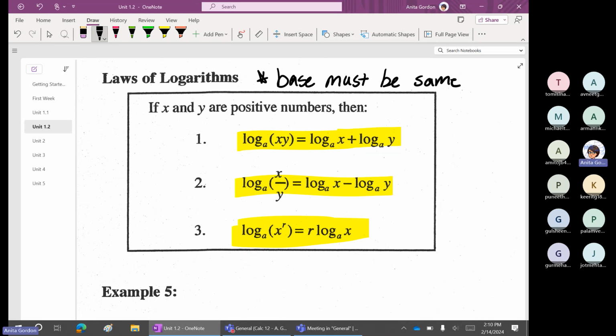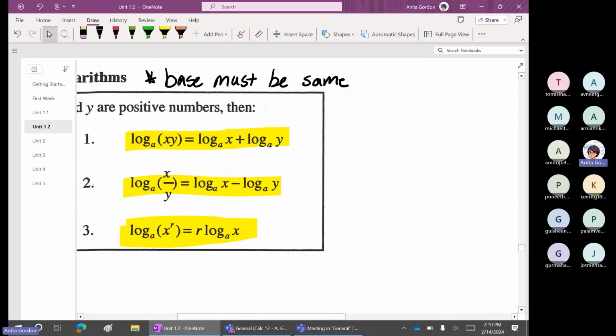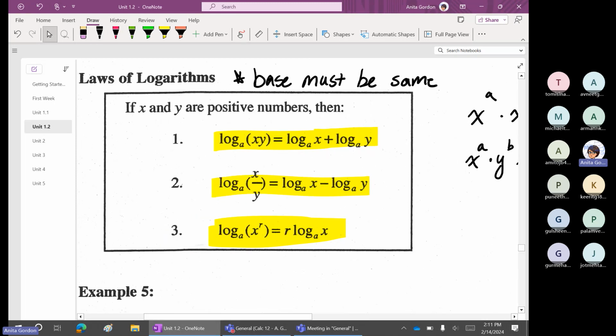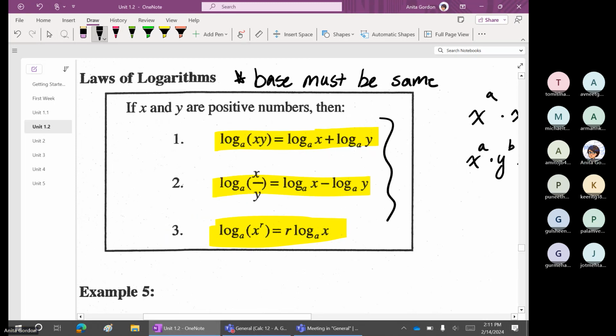These rules always apply to the same base, because these are like exponents. We have x to the a times x to the b, which is like saying x to the a plus b. But if I have x to the a times y to the b, I can't do that rule because the base is not the same. It's really important to remember the bases must be the same for these.